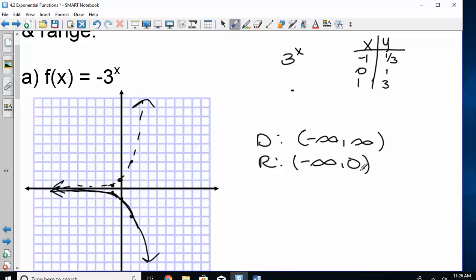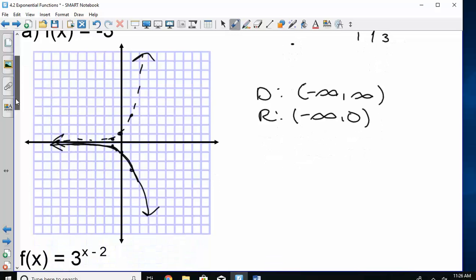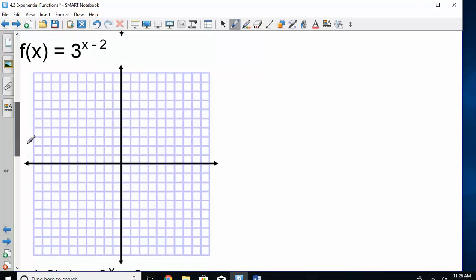Let's do some more. All of these I did with the same parent function, so we don't have to recreate that every time. My parent function was 3 to the x, so that the points were -1, 1/3, 0, 1, and 1, 3.